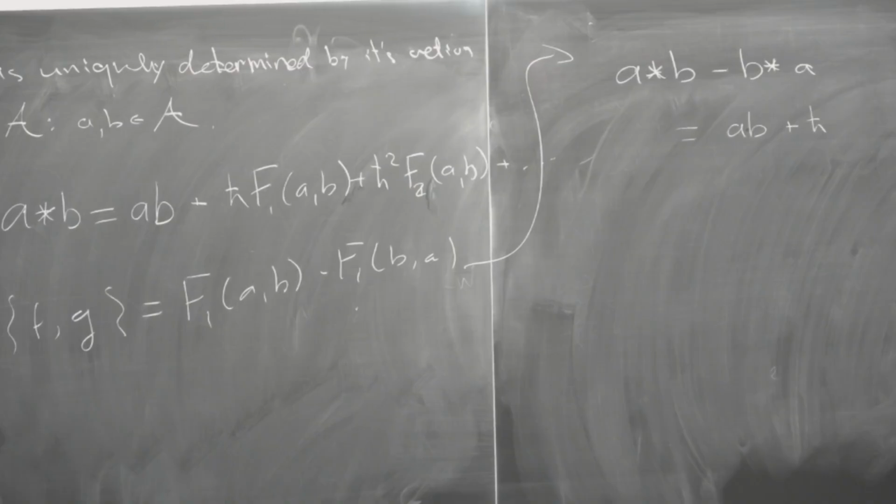It can still deform into a commutative one. However, the ones with the Poisson bracket end up becoming non-commutative.